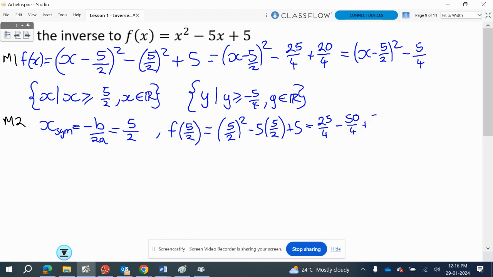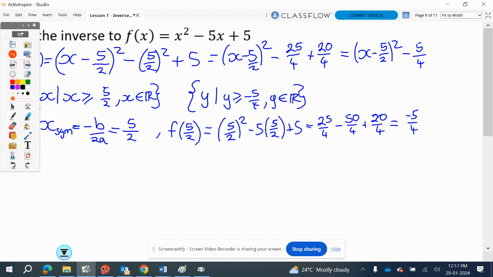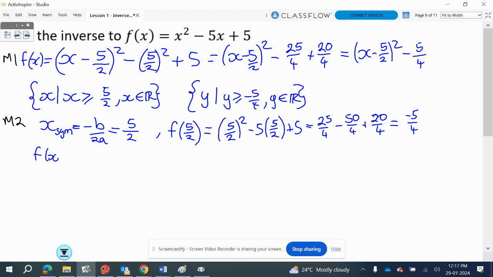And this is going to be 20 over 4. So adding those together, we get minus 5 over 4. So we can then write the function in vertex form because we have the x coordinate of the vertex and the y coordinate of the vertex. So from this one we could say f of x is equal to x minus 5 over 2 squared minus 5 over 4. You get to the same place both ways.